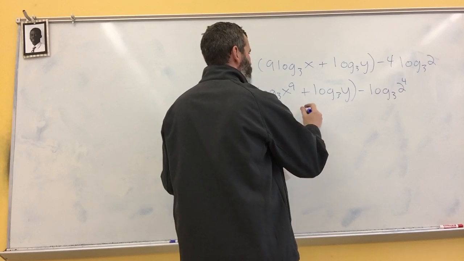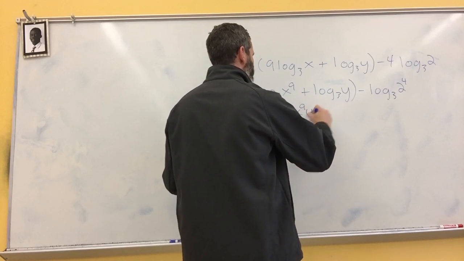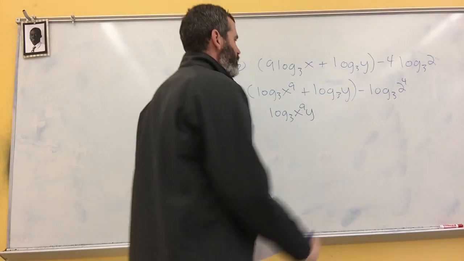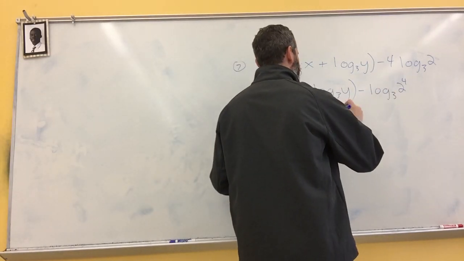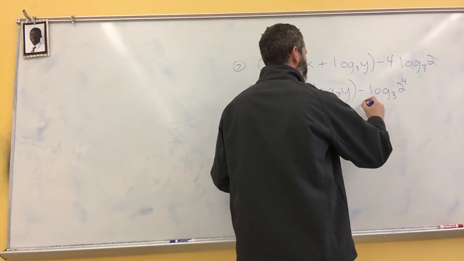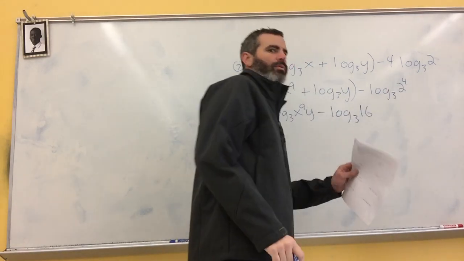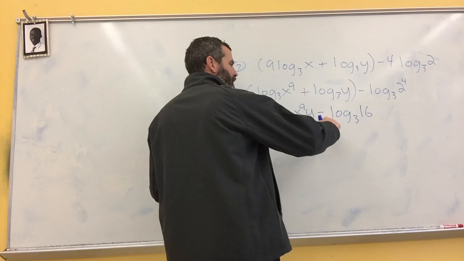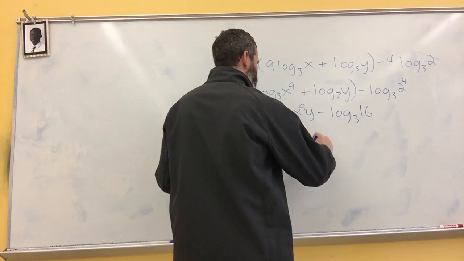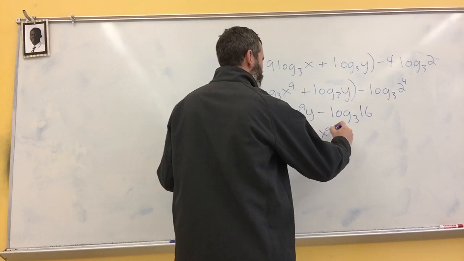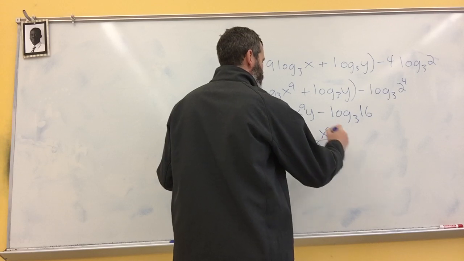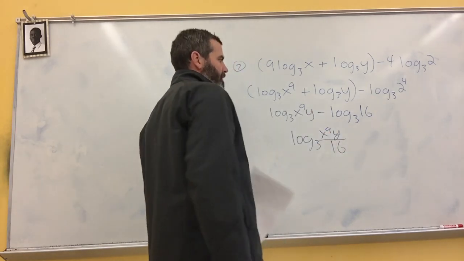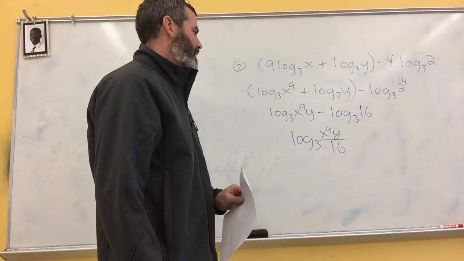So log base 3 of x to the 9th times y minus log base 3 of 16. 2 to the 4th: 2 times 2 is 4, 2 times 4 is 8, 2 times 8 is 16. So then finally, subtraction sign here, quotient property, divide here. Subtract here, divide here. That's my answer.